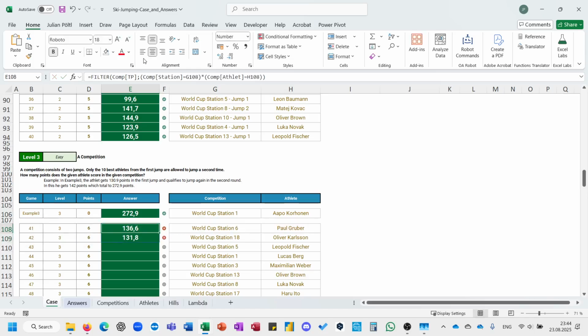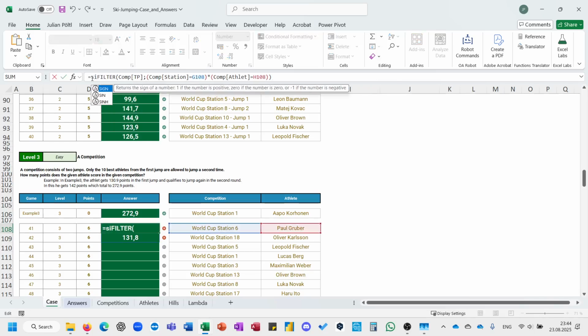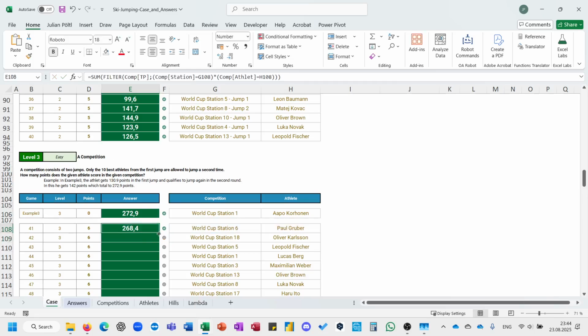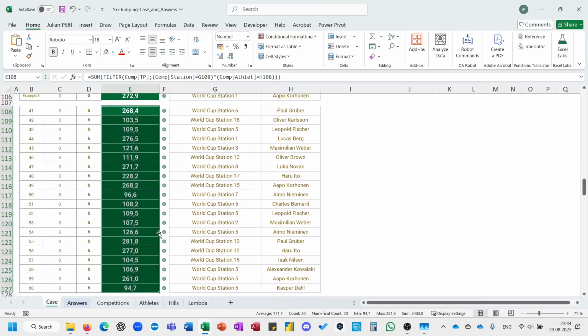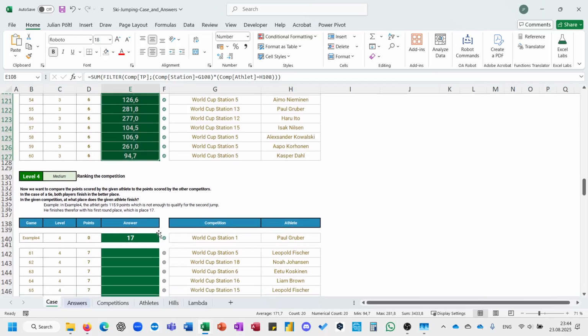And then we sum this because we have two results and we get to the searched result. And this sum filter approach is easily usable. I could have also used SUMIF, but I like the filter.